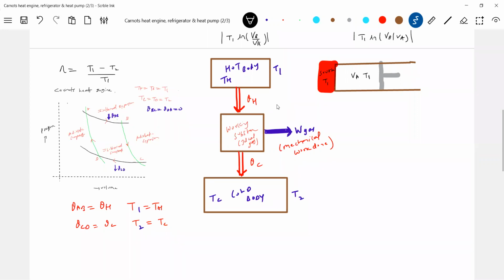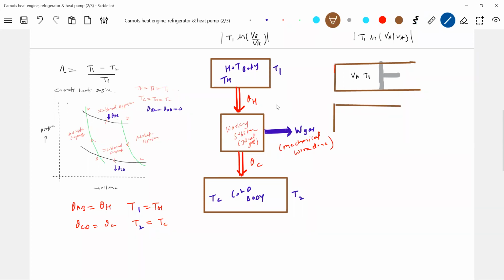So here the source will supply energy to the gas, where the gas will absorb heat at constant temperature T1. Then what process it should undergo? It should undergo isothermal process. So what I should do, I should attach a source. I think you'll find this very difficult. Okay, let me say that we have supplied heat.